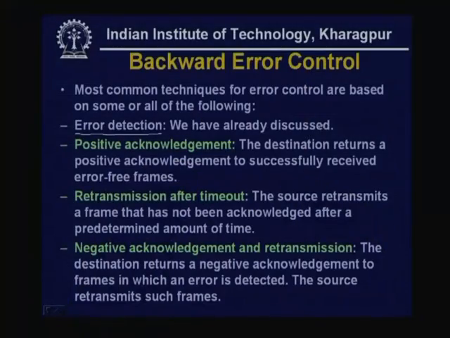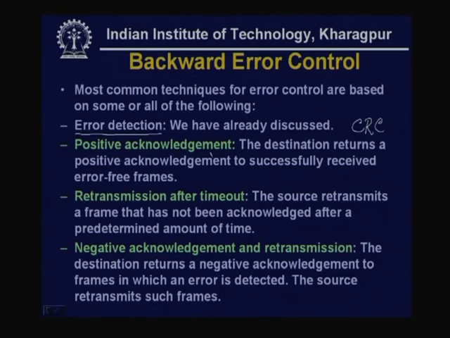We have already discussed a number of techniques for error detection, such as parity check, cyclic redundancy check, and checksum. One of the techniques can be used for error detection, and normally the cyclic redundancy check is used because we have seen that this is the most sophisticated one and gives you much higher fault coverage.